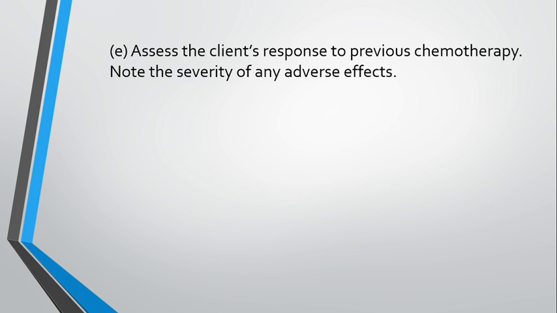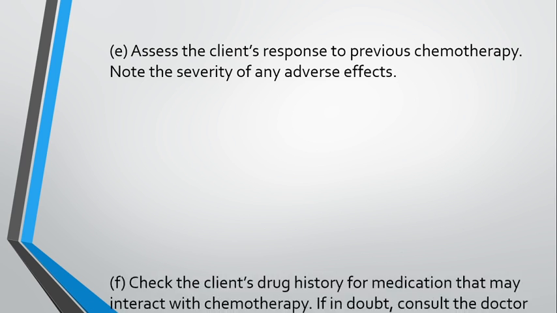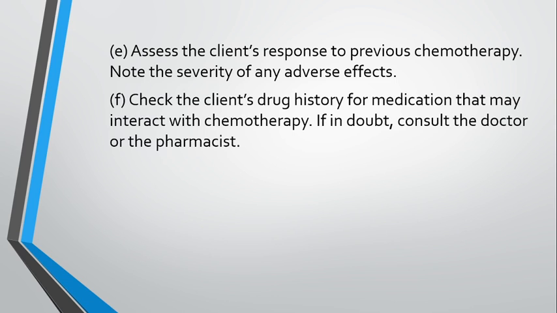If the patient has previously undergone cancer chemotherapy, you have to note down the severity of side effects in previous chemo cycles. You have to check the patient's drug history. Maybe the patient is suffering from other illnesses and is on treatment for them.